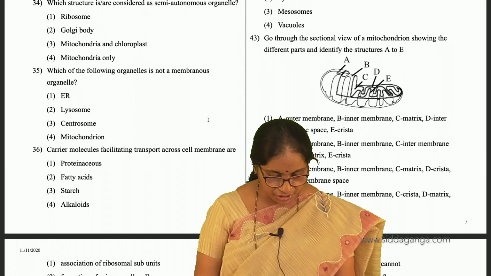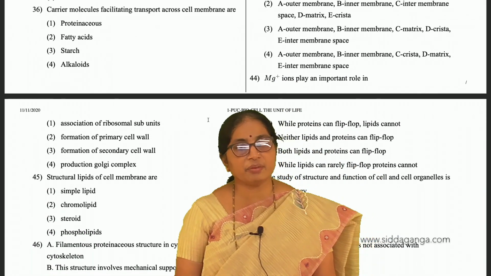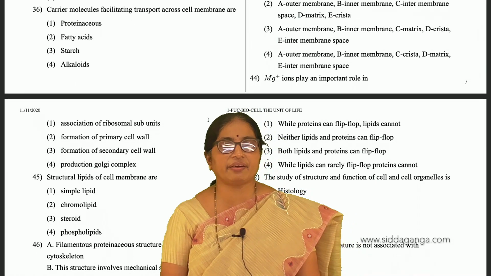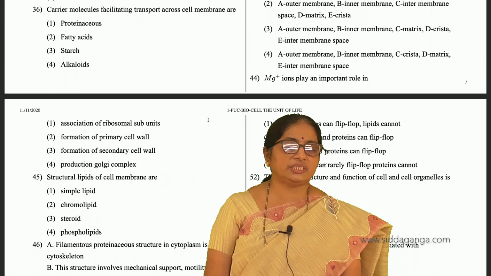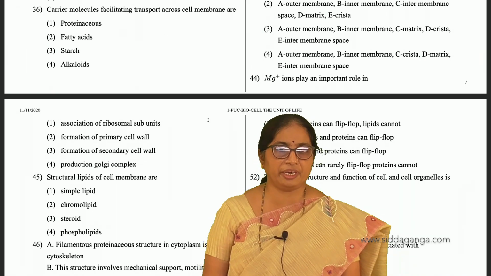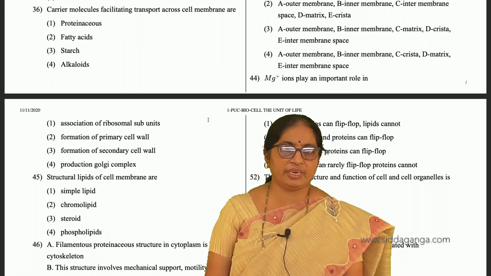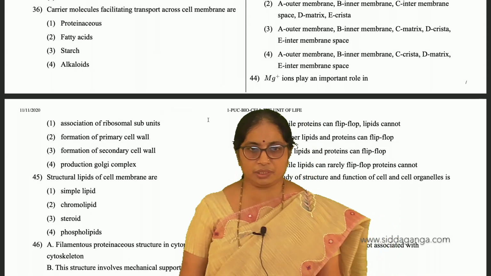Next, question number 36. Carrier molecules facilitating transport across cell membranes are. So, for the cell membrane, we have studied the fluid mosaic model, where we see two types of proteins, the intrinsic proteins and the extrinsic proteins.